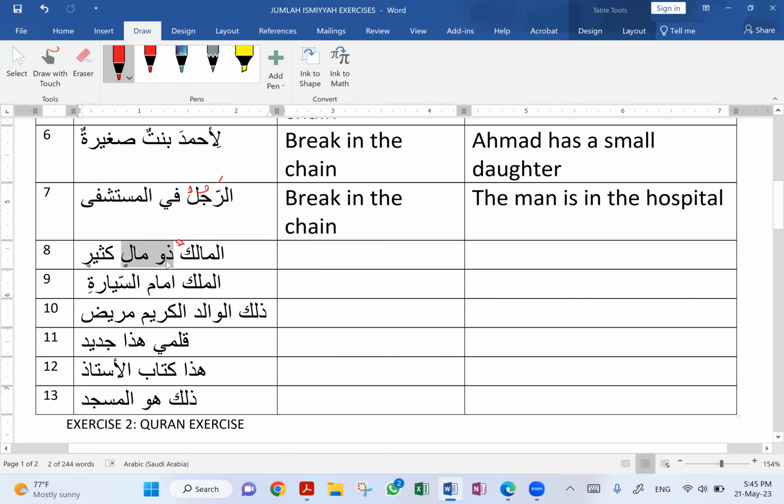Common. Mal is common, so this whole structure is common, and you can also see from the sifa it's also common. So proper followed by common. That's another way of looking at a Jumla Ismiyyah.